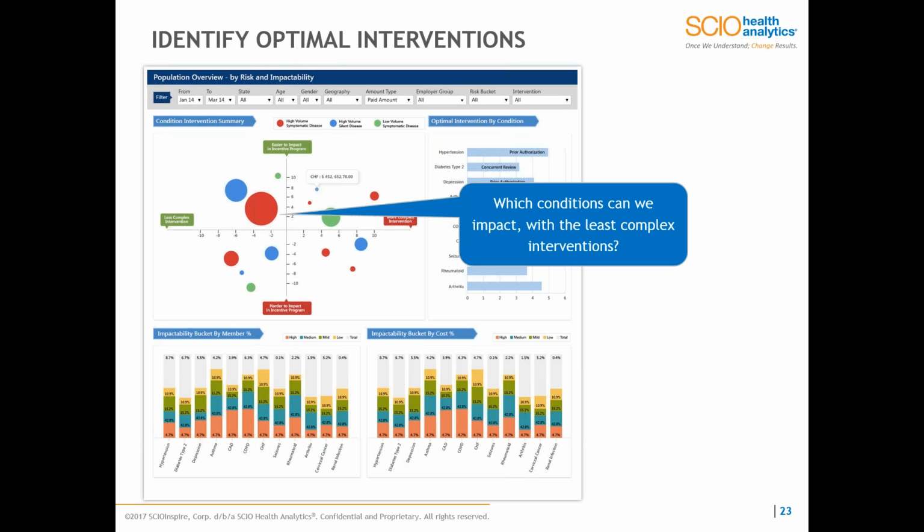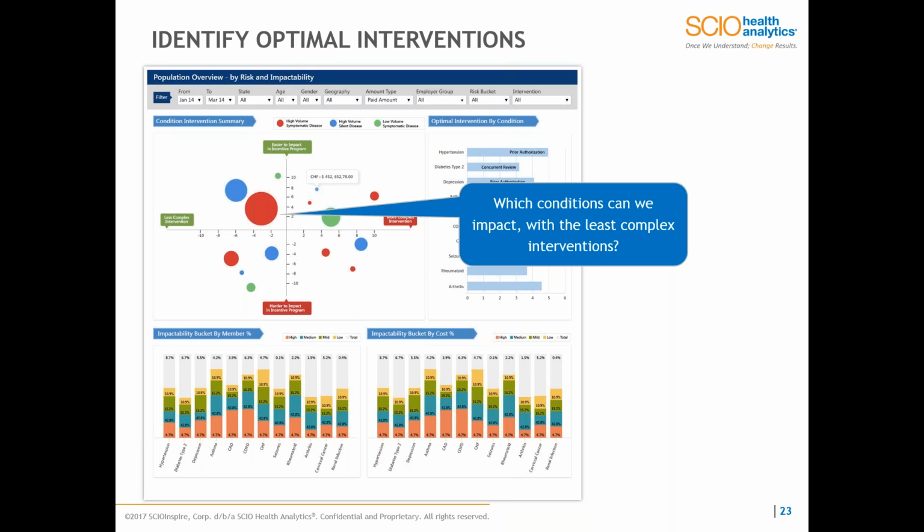So as you can see, in terms of analytic maturity, you're continuing to get more and more mature in being able to break down, analyze, segment, and stratify the population, in order to determine how to intervene with that population.